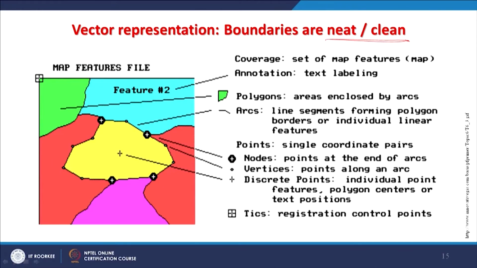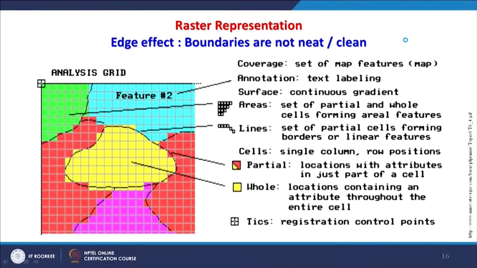Now, from a visual quality point of view, how are boundaries represented better, and in which model? If I see a vector map, I find that the boundaries are very well represented through vector representation. But if the same map has to be represented in raster format, then this is how.